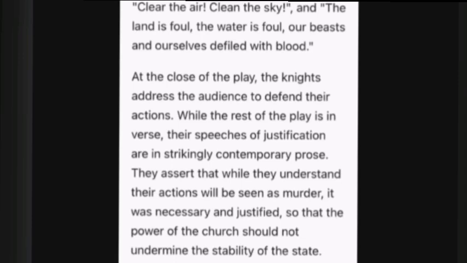The church was very powerful in the medieval era, it even affected politics. That explains maybe why they wanted Becket to join the rebels, or wanted to eliminate him, because the church was very powerful during that time.